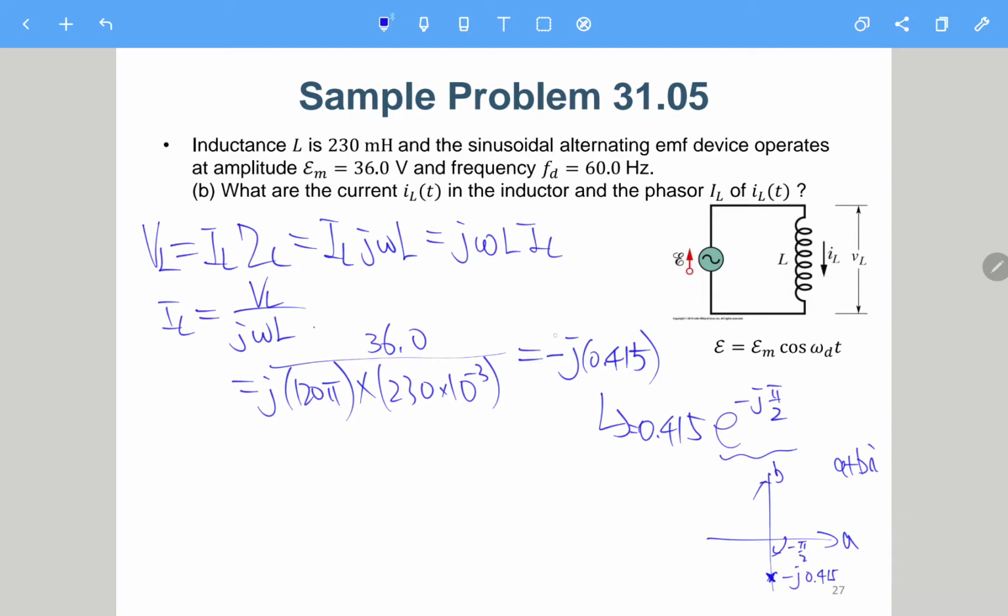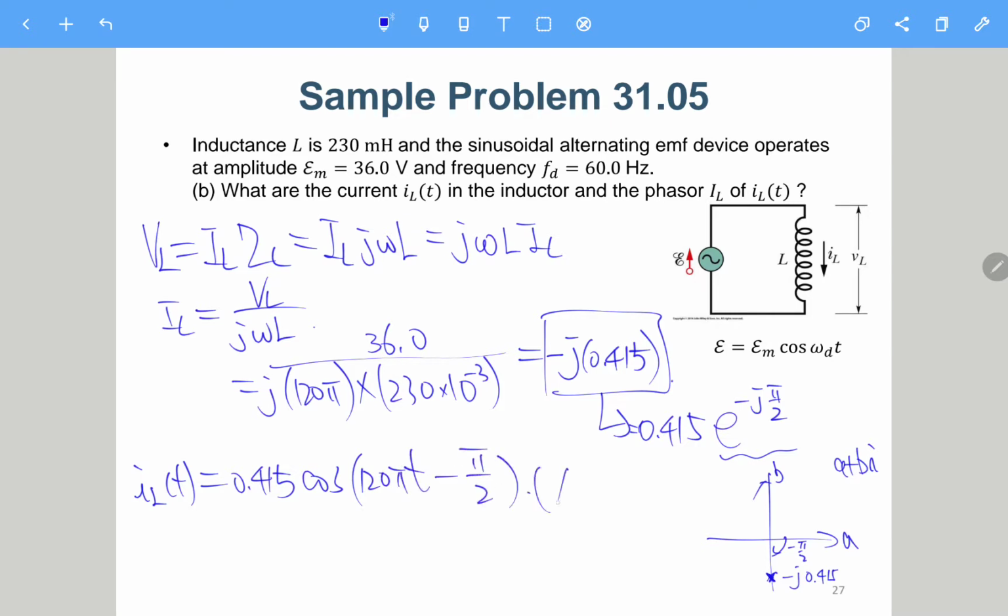So this is the phasor of the current. And then if we have this, we can write our IL of t as 0.415 cosine 120 pi t minus pi over 2 A, like this.